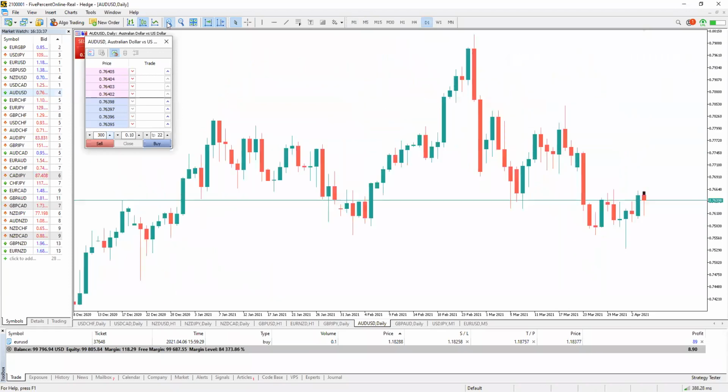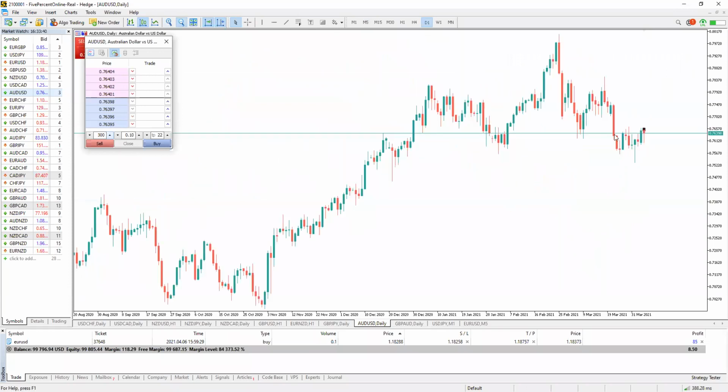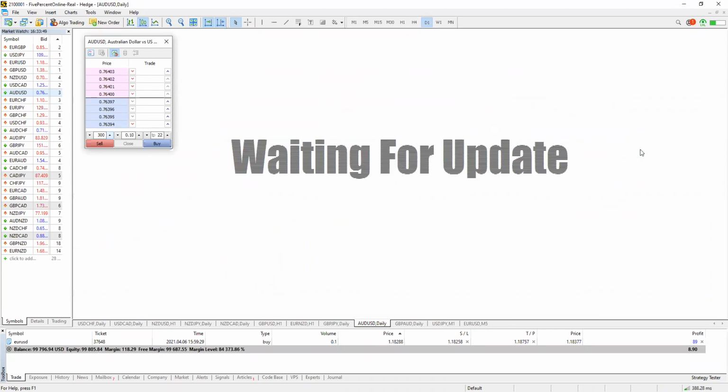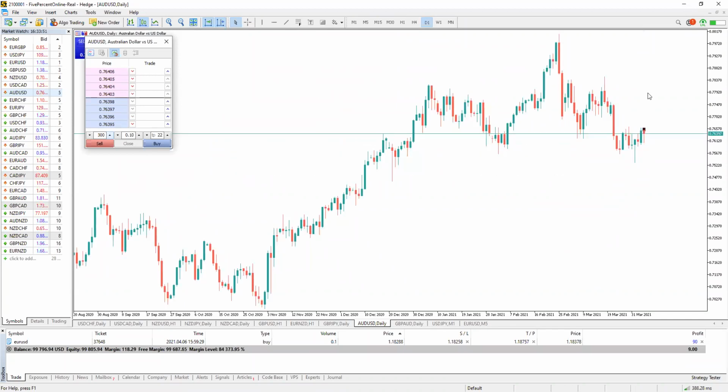Because based on the daily, we have this rejection to the break. We have a false break on the daily, and these might have some continuation to the upside.